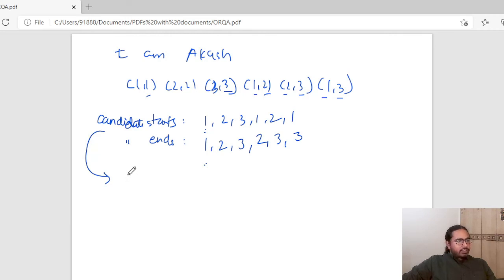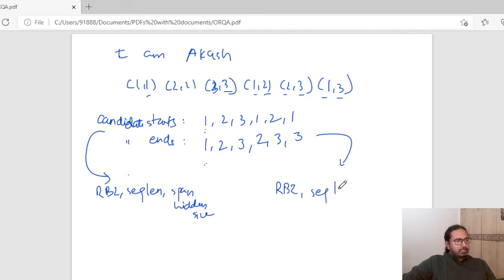start token representation, which is of the size RBZ, reader beam size, comma sequence length, comma span hidden size. And for the candidate ends, we do a gather from the end token representation, which is of the size reader beam size, sequence length, and span hidden size.